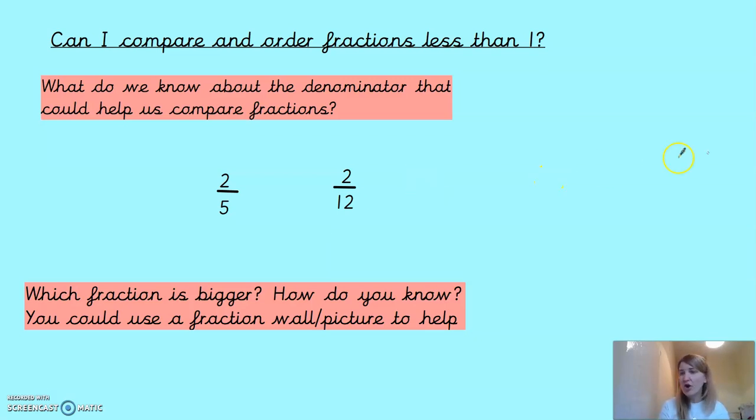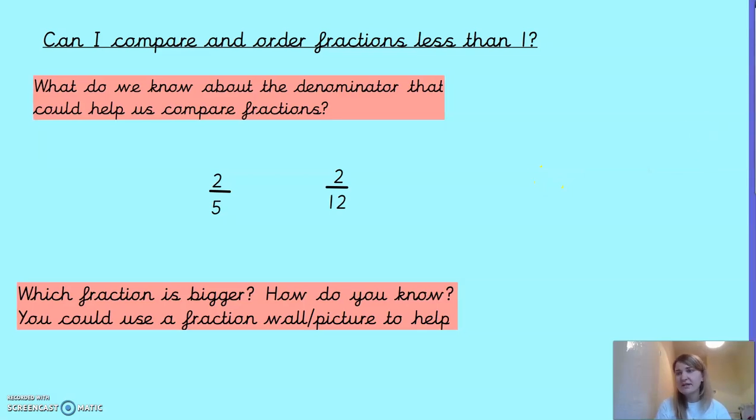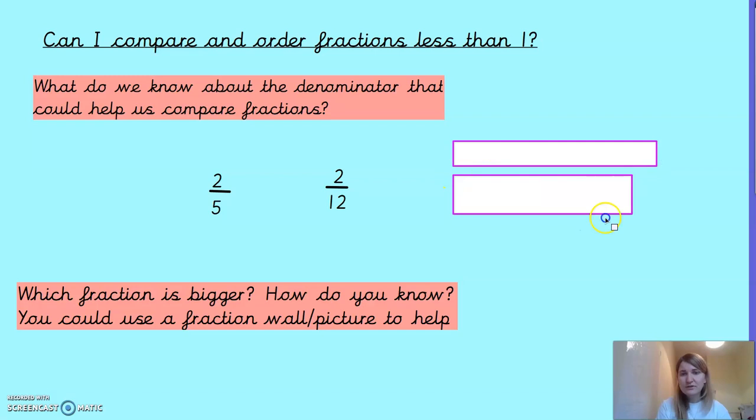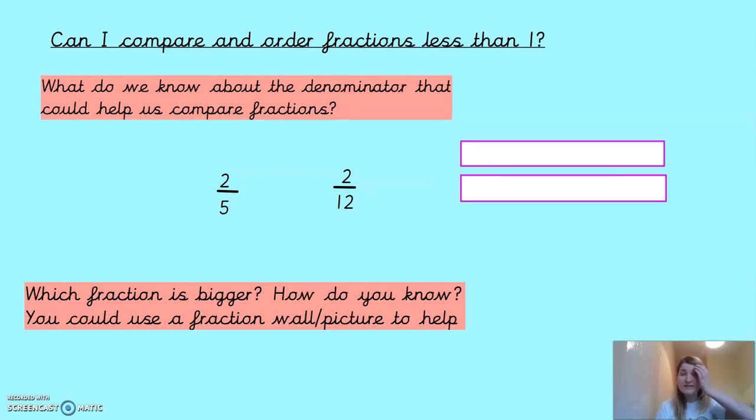So if I've got, again, they're the same size, let's just do a cheeky little bar here. I've got 2 wholes. If I've got one that's cut into 5 parts and one that's cut into 12 parts, which one will have smaller parts? Hopefully you went, the 12ths will, because again, I'm not going to be able to do this particularly equally.